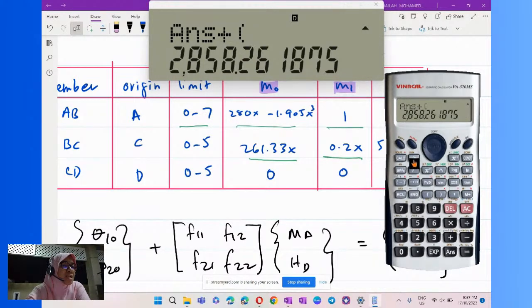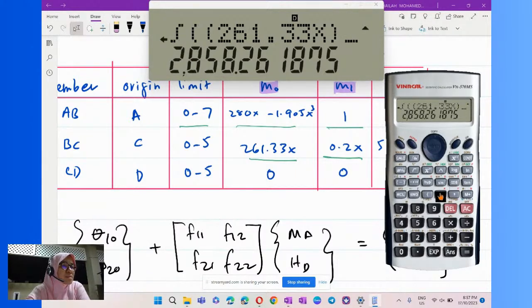So BC is 261.33x times 0.2x, the limit is from 0 to 5, close and close.